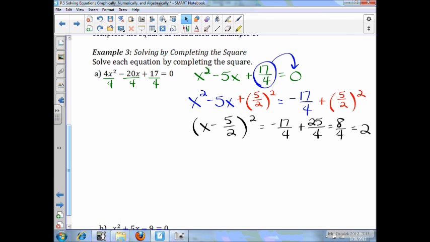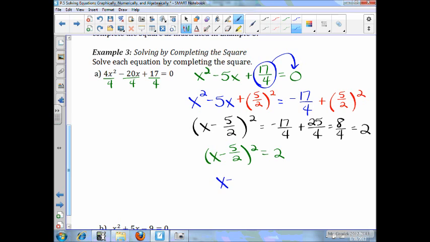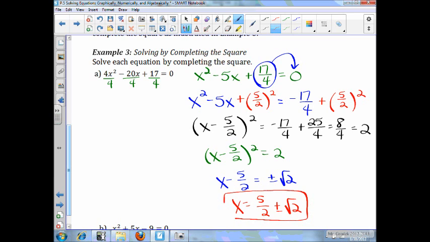So now x minus 5 halves squared equals 2. We're going to take the square root of both sides. That'll be plus or minus the square root of 2, which means x will equal 5 halves plus or minus the square root of 2.